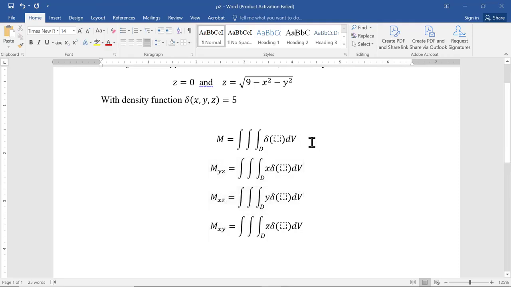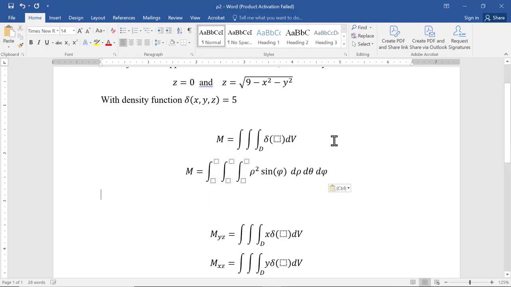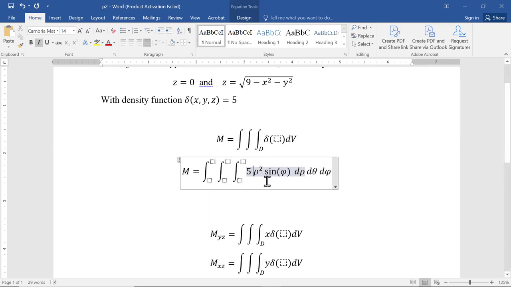So if we're willing to deal with spherical coordinates, then what we can do is take our density function, which is 5, and in spherical coordinates, this dv changes to rho squared sine phi. Integrate with respect to rho, with respect to theta, with respect to phi.